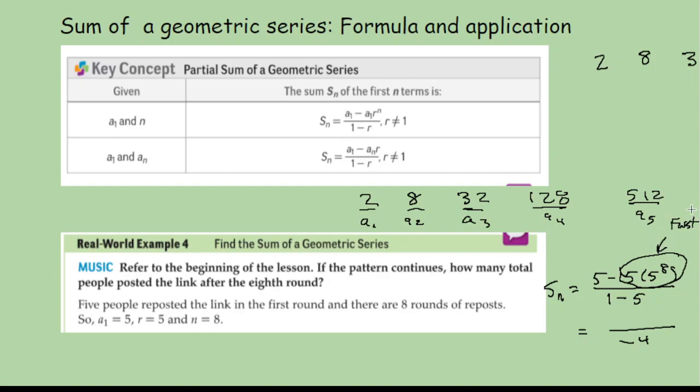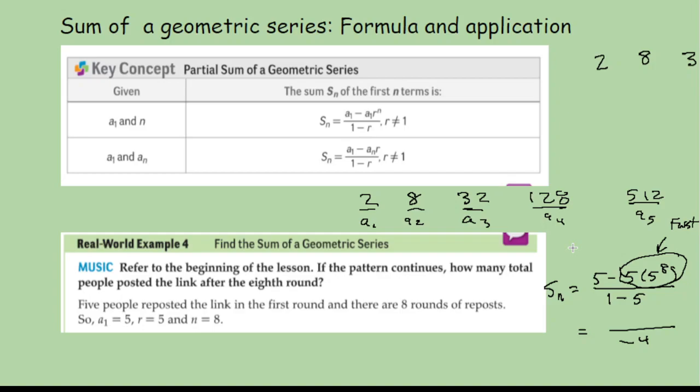Okay, I'm going to turn on my calculator, and I'm going to do 5 to the 9th, which is 1,953,125, right? So I'm going to make that negative, which you can do, and then I'm going to add it to 5.